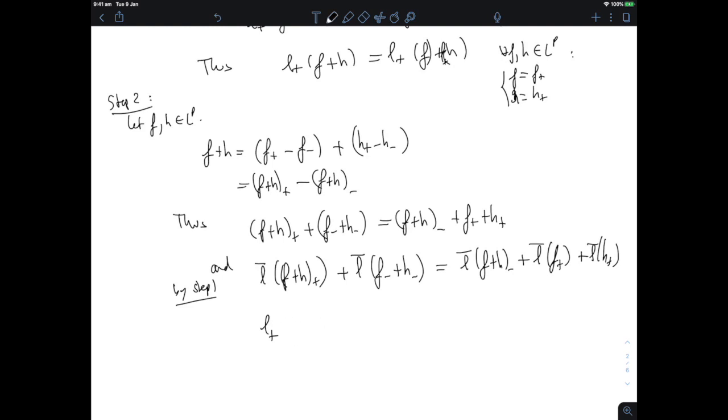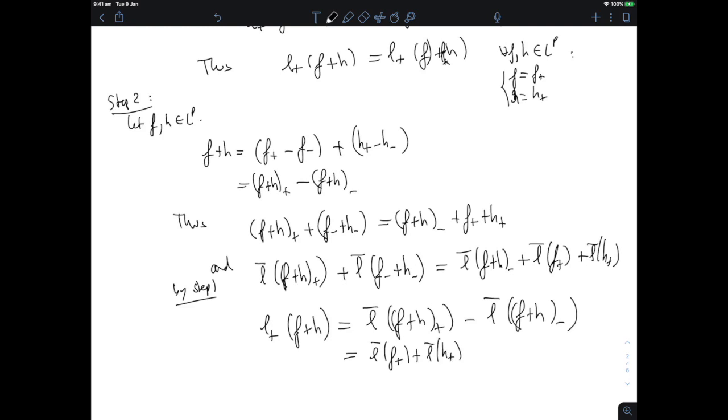L plus of F plus H is L bar of (F plus H) plus minus L bar of (F plus H) minus, and so this has to be equal to L bar of F plus plus L bar of H plus minus L bar of F minus minus L bar of H minus by the equality above, but that is exactly equal to L plus of F minus L plus of H by definition, plus L plus of H by definition of L plus.